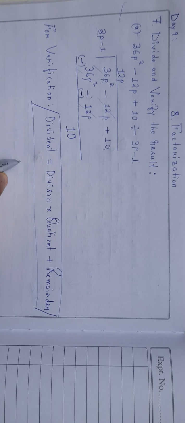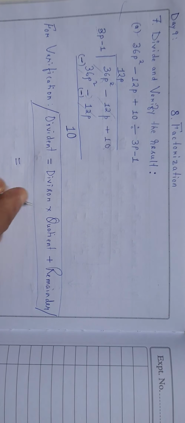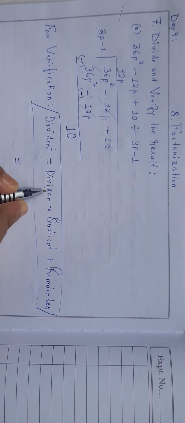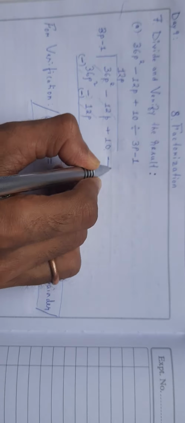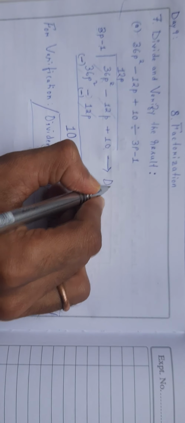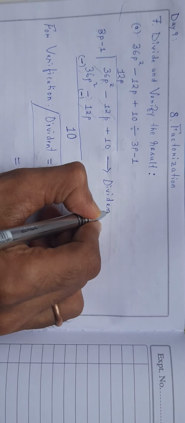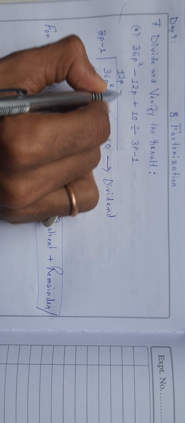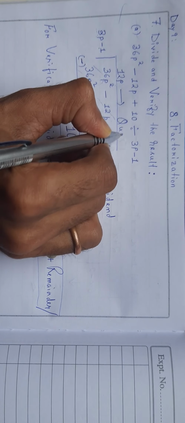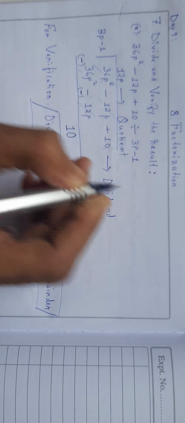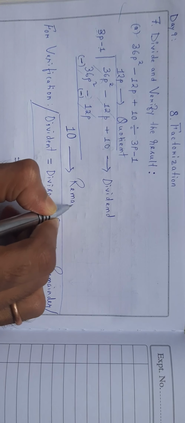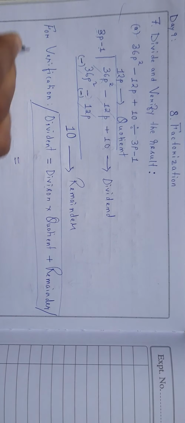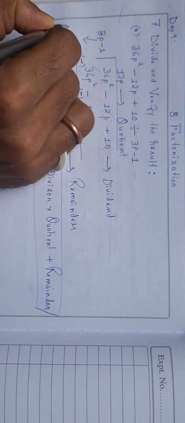So now we'll try to place all the values. Here the divisor is 3p minus 1. Already all of you know, but still, this is called dividend. This is called quotient. This is the remainder. And this is divisor.